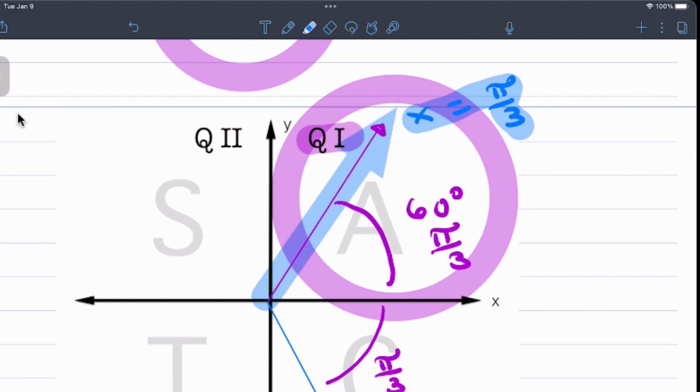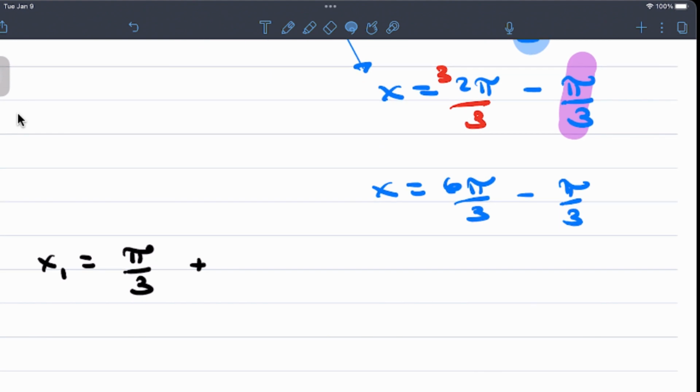Since it's not opposite quadrants, what do I need to do? To get every coterminal solution, don't I have to add a multiple of 2 pi, not 1 pi? I can go the other direction to get the quadrant 1 solutions. To get all quadrant 1 solutions, I have to add multiples of 2n pi. n is an integer.